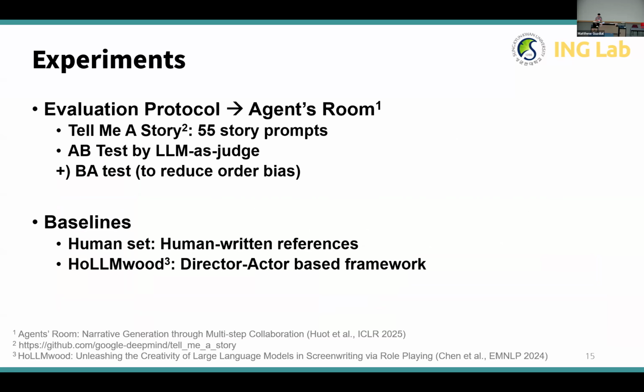In addition to this, we also did a BA test to reduce order bias of the LLM judge. For the baselines, we used Human Set, which is the human-written references in the dataset, and Hollywood, which was the director-actor based framework we talked about in the related work.